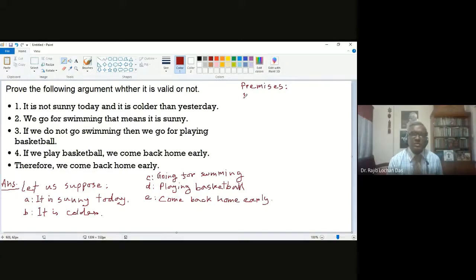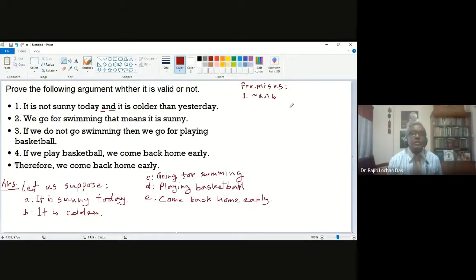Number 1 sentence is, it is not sunny today. That means not A, and colder than yesterday. It is very simple, and. Very clearly written, it is "and". So, not A and B. That is the first sentence, number one.